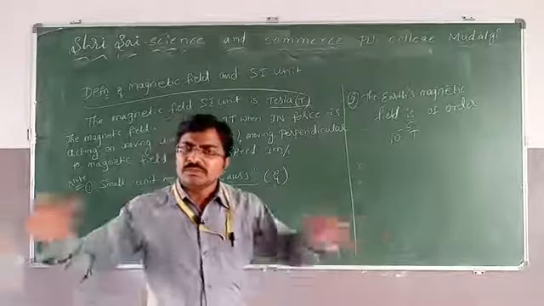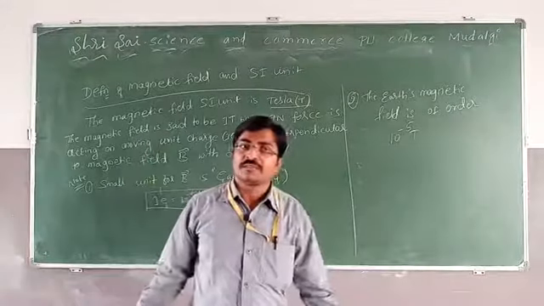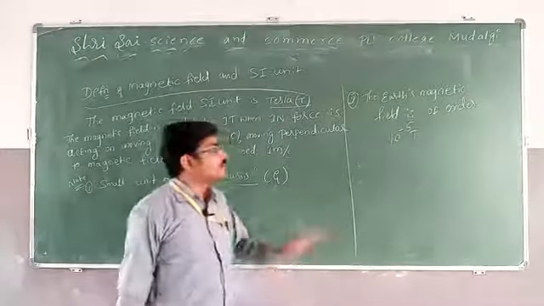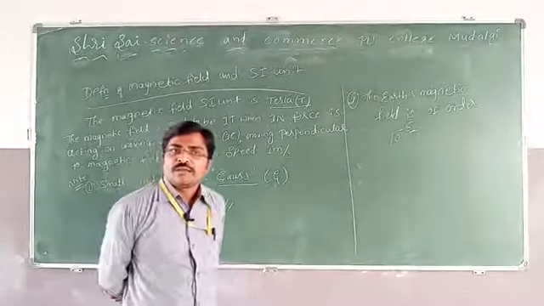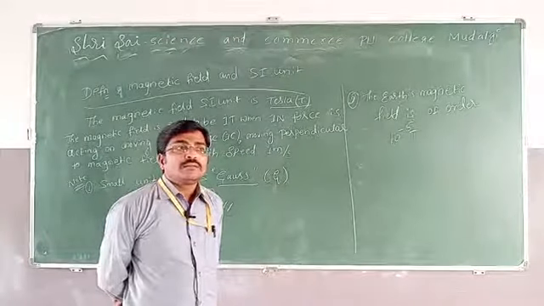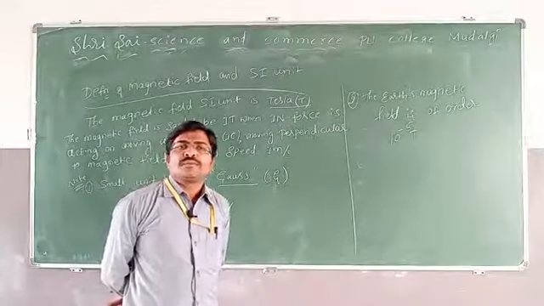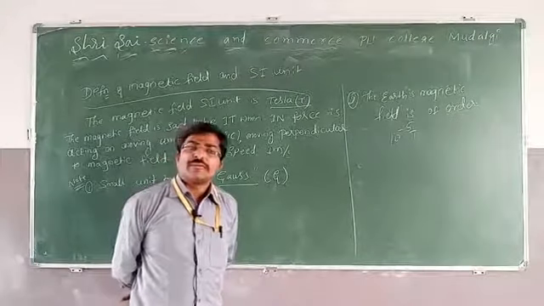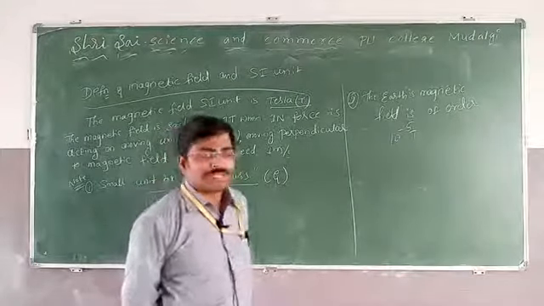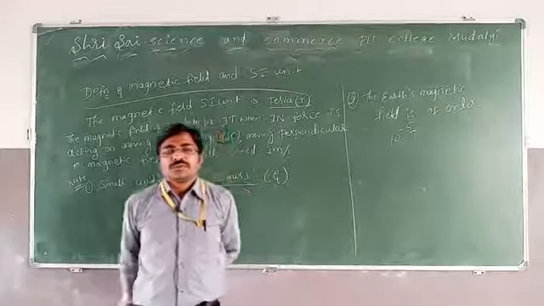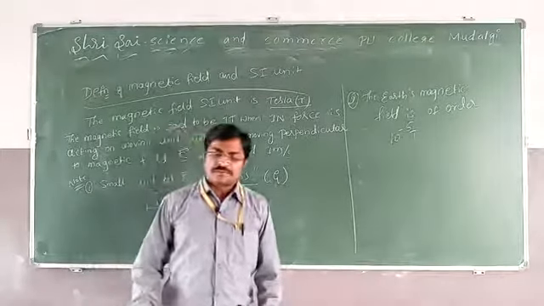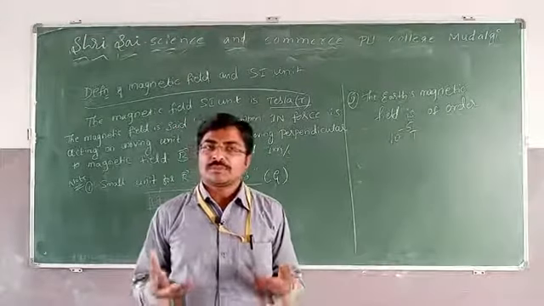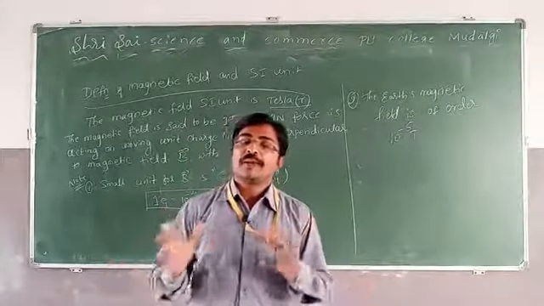Even though the Earth is of such a heavy size, its magnetic field is so small, 10 raised to minus 5 Tesla. But don't think that it is a very weak magnetic field. It is enough. It looks very small, but it is huge for human beings, because we are not capable of handling heavy magnetic fields.